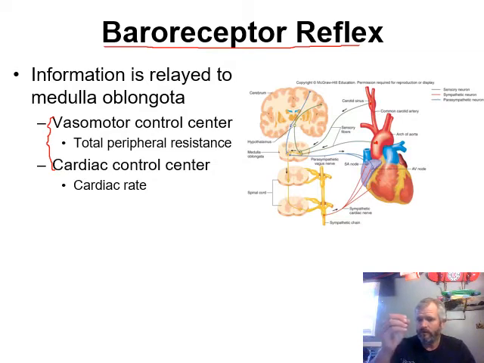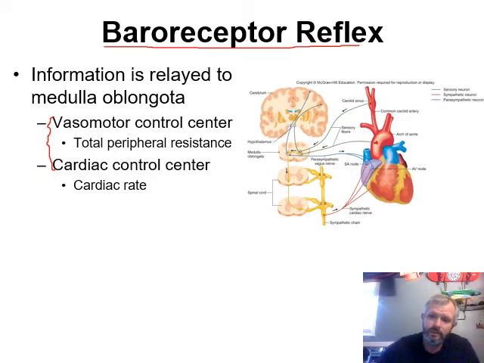If there's less stretch, when there's low blood pressure, there's less stretch on those walls, and the firing of these baroreceptors would decrease. That information would be sent to the medulla. The medulla would interpret that as low blood pressure.